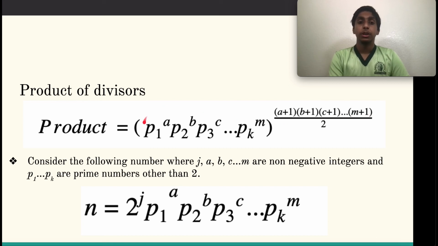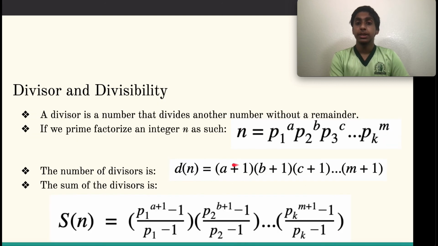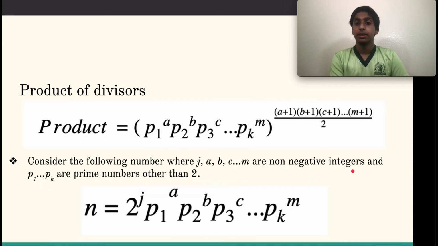So again, here we have all the prime factors to their respective powers, and you may see that this is the same as the number of divisors, so the number of divisors over 2. Finally, consider the following number where we have j, a, b, c, and m, and they're all non-negative integers.